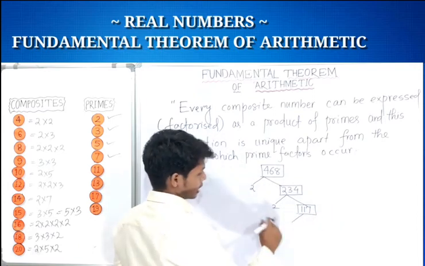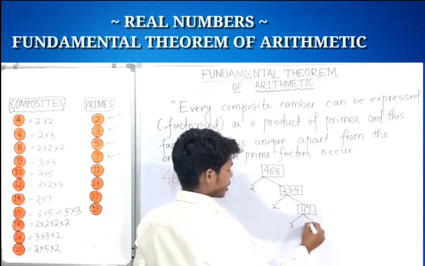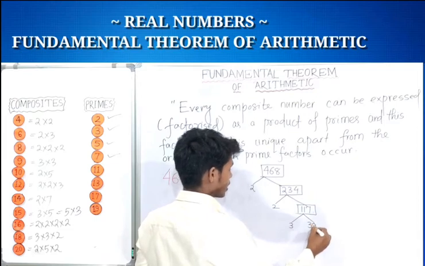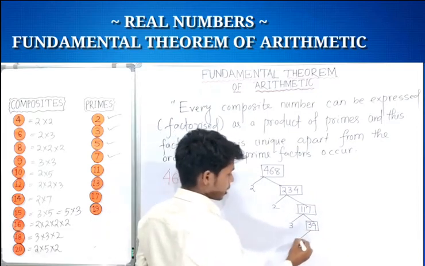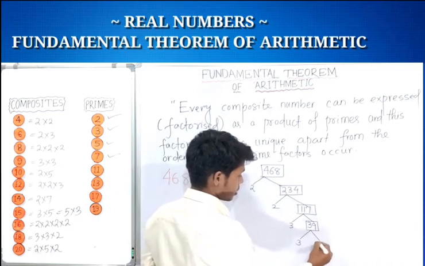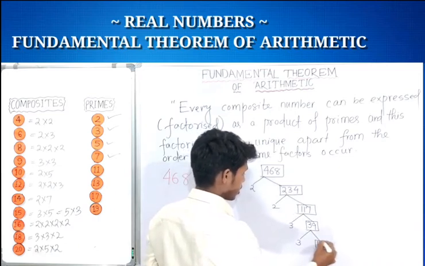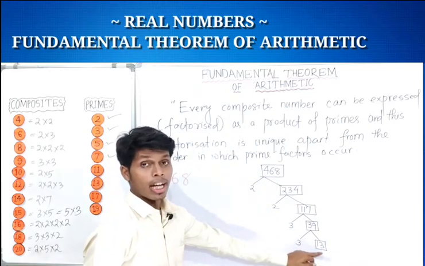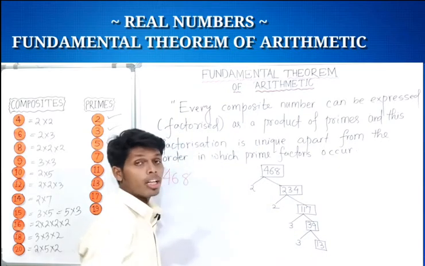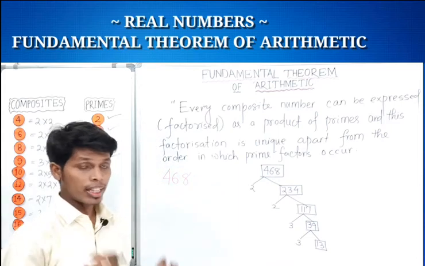We can divide it by 3. 3 3s are 9, 3 9s are 27. Again 39 can be divided by 3. So we will get 13 3s are 39. Now at the end we got 13, which is a prime number. We cannot divide 13 exactly by any other number.